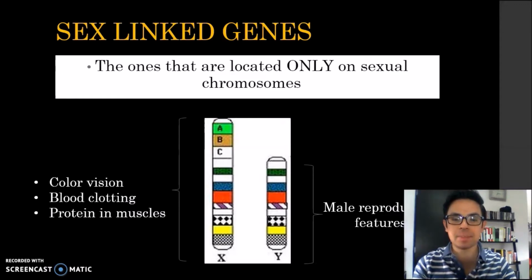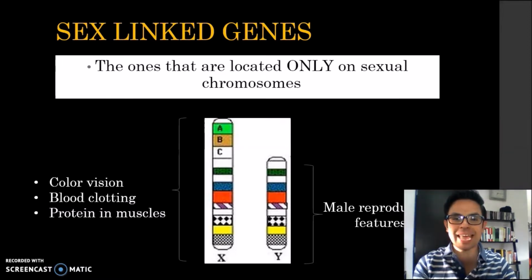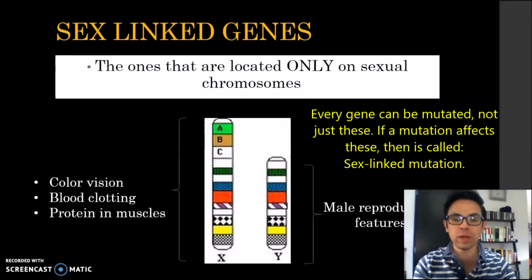But let's make something very clear. Because the X chromosome has more genes than the Y, sex-linked mutations in these genes will be more common in the X chromosome. Sex-linked genes, as a definition, are the genes that are located in this last pair of chromosomes. In the case of humans, in the X chromosomes, in boys and girls, we have the genes for color vision, the ability to see colors.